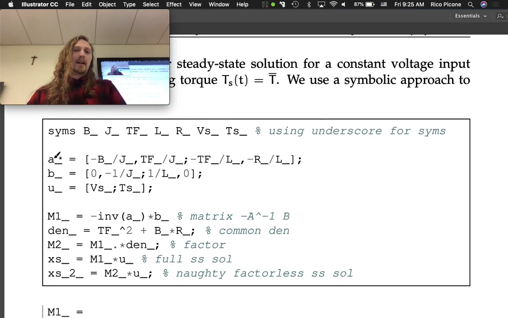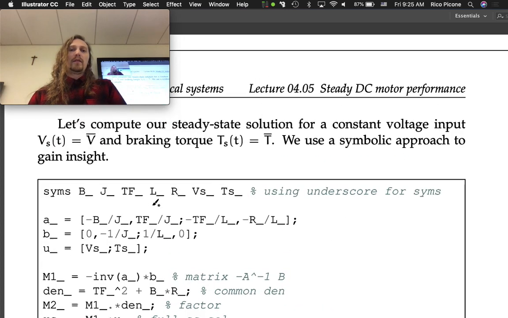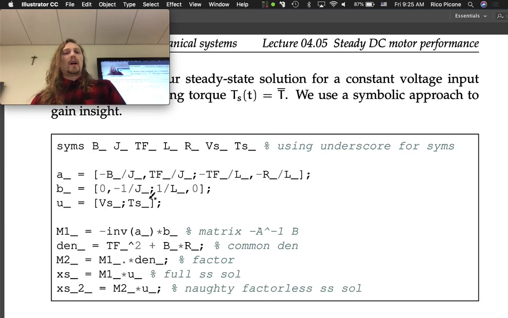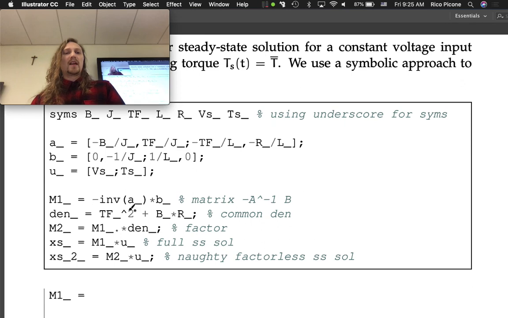And I define the A and B matrices, and then the U vector. So that's because I'm setting up this, right? A, B, and U. So I'm about to multiply these together.